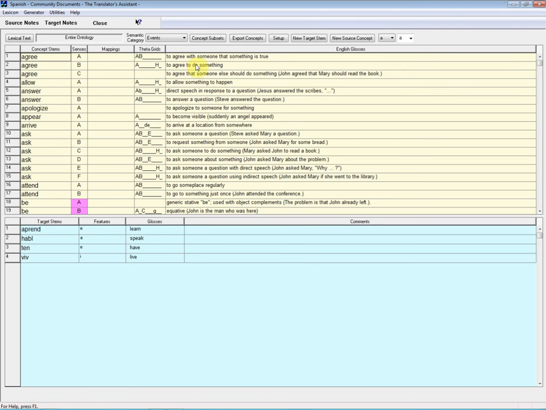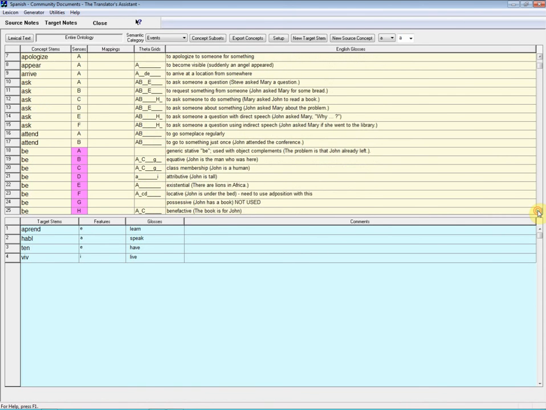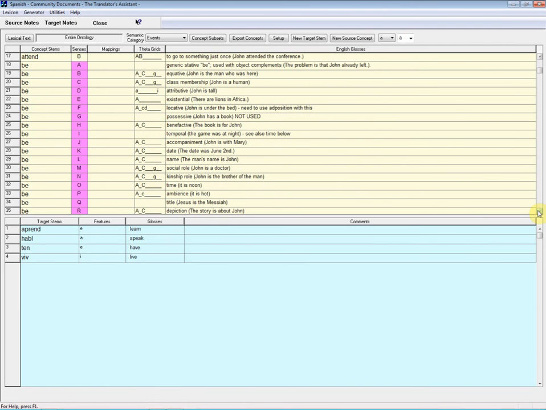So let's look down. If you look at ask, again, you can look through those and see there's ask a question, to request something, to ask someone to do something. These are all separate meanings of ask. And again, there are some in here with sort of similar meanings, but they expect different argument structures. Separating out these argument structures makes it easier in translation. We have all of these concepts for be.